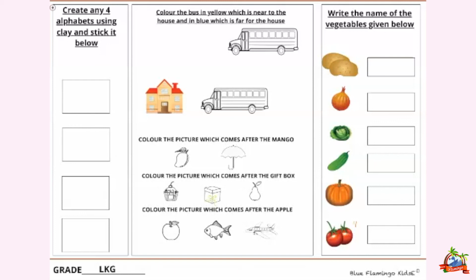What you have to do is you have to write the name of these vegetables, like potato, P O T A T O, potato. Onion, O N I O N, onion. Cabbage, C A B B A G E, cabbage.